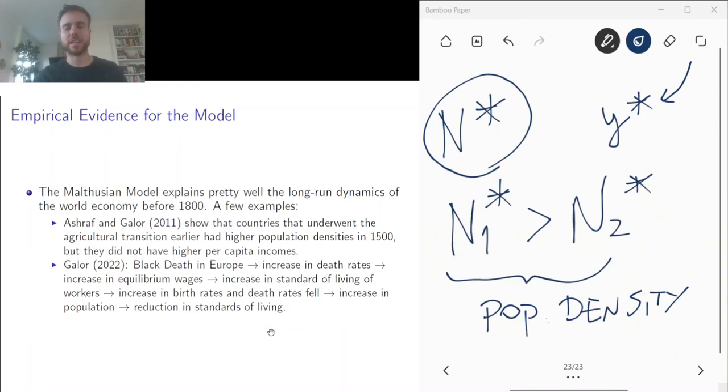So you had more food and more material things for everyone because fewer people were living in Europe. And then because of this prosperity, there was an increase in birth rates and a decrease in death rates, which resulted, as we saw, in an increase in population, followed by a reduction in standards of living, putting the system back to the equilibrium rates.